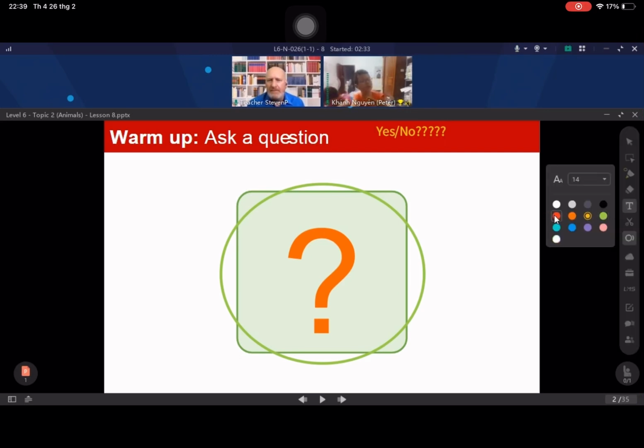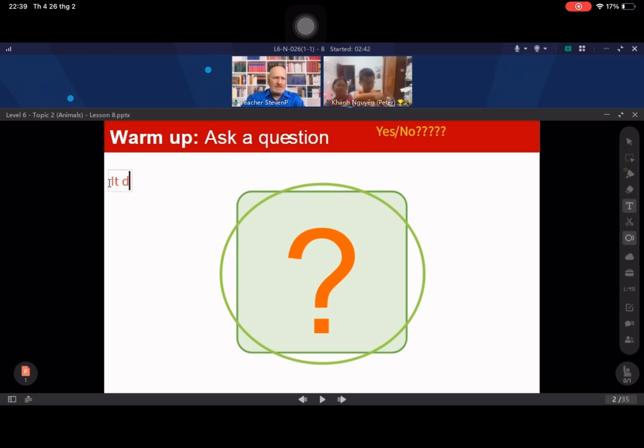It lives in the... Say that again. Does it live in the water? It doesn't live. Okay, that's the first one. It lives in the ground.